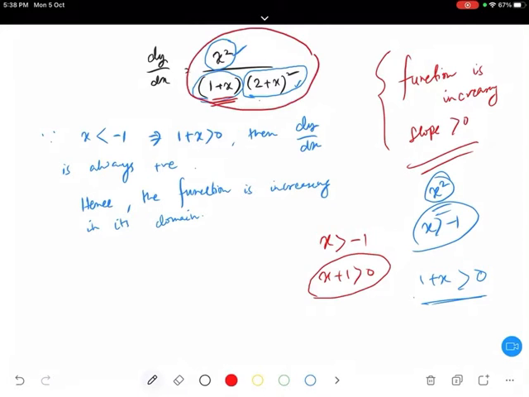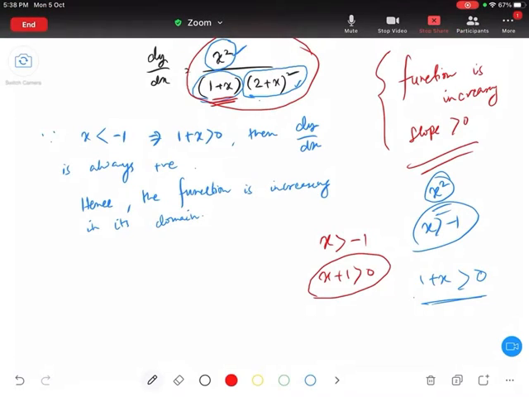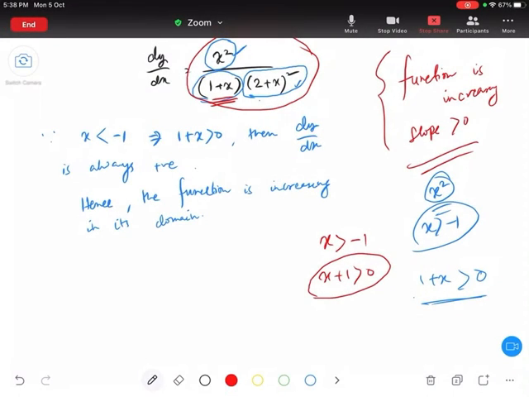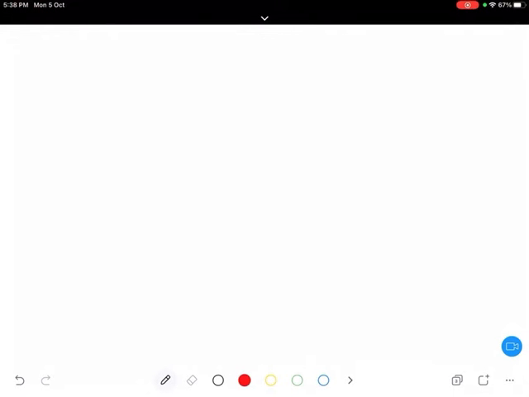So the entire thing is positive, and since the slope is positive, we can say that the function is increasing. Am I clear? Yes or no? Understood? How we know that the slope is always positive? So we conclude that it is an increasing function throughout its domain.